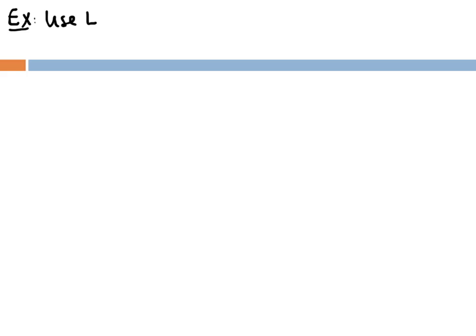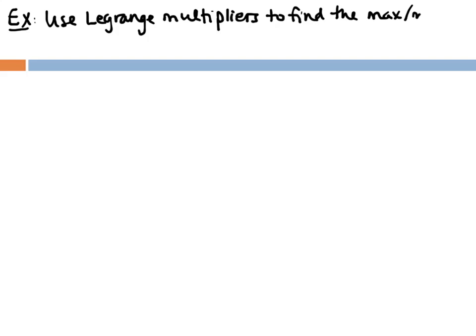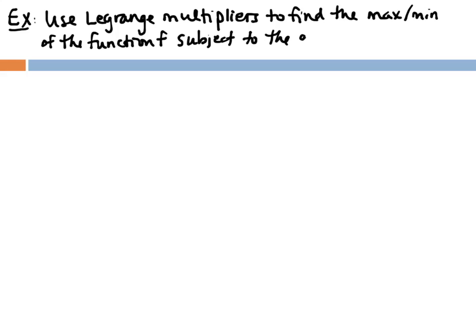We're going to use Lagrange multipliers to find the maximum and minimum of the function f subject to the given constraint.